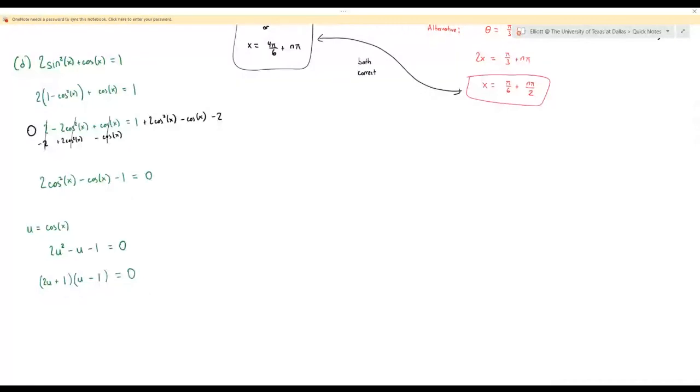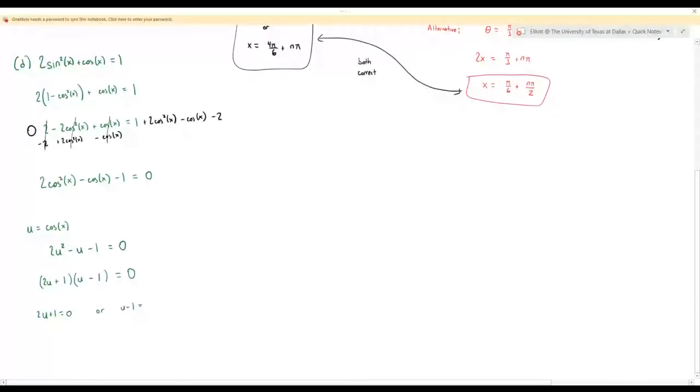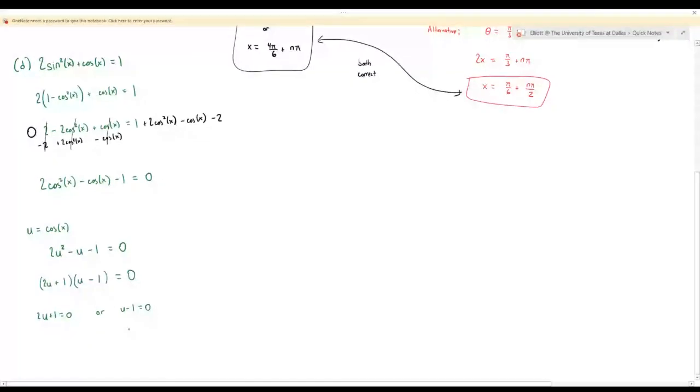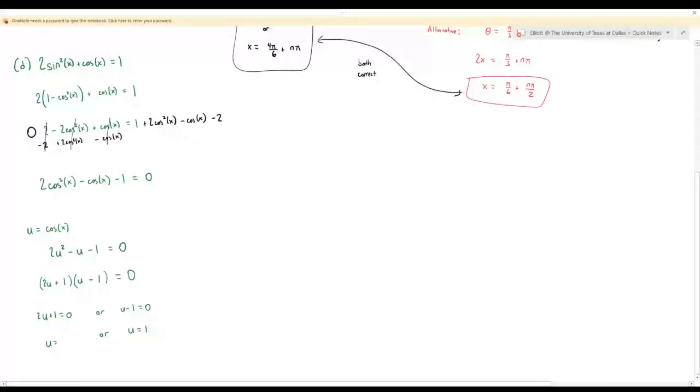So that's going to leave us with two solutions. Either 2u plus 1 is 0, or u minus 1 is 0. So you get either u equals 1, or solving for u over here, you'll get u as negative 1/2 from that.